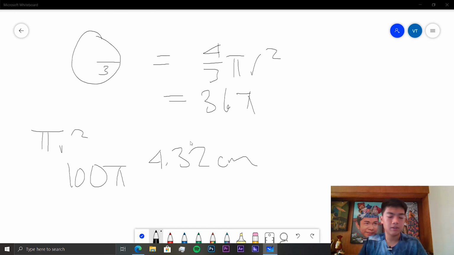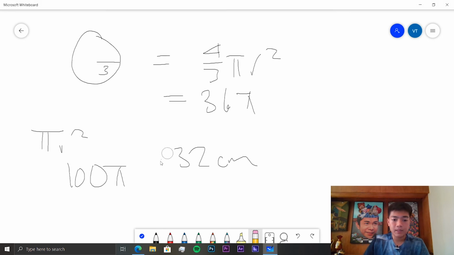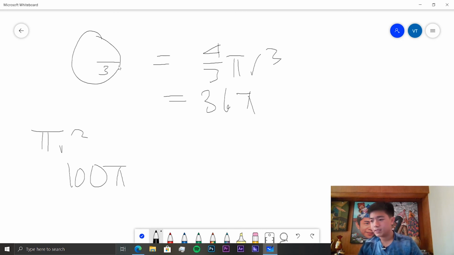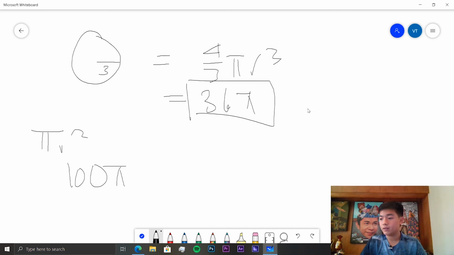Oh, nope, is it not that? Okay. 4/3 pi r cubed, radius 3 centimeters, so that is 4 times 9, 36 pi. 36 pi per sphere times 12 spheres. So 36 times 12 is 432 pi.